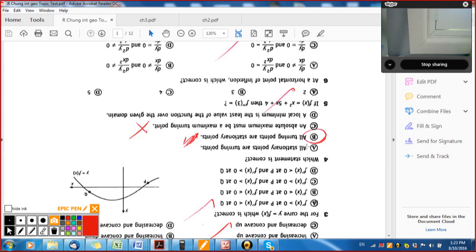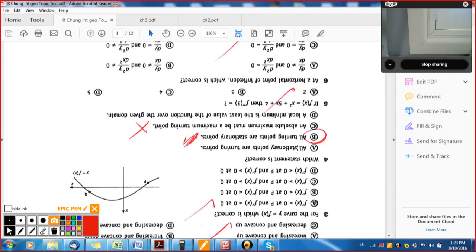What are the different types of stationary points? Do you remember what they are? Inflection. Yes, horizontal point of inflection. What else? Starts with M. Minimum.